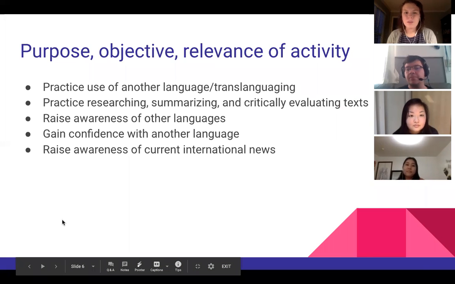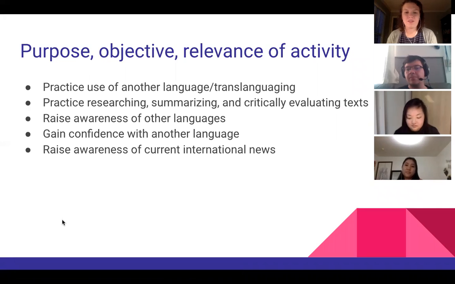Okay, so the purpose of this news art activity with translanguaging is another use of practicing their languages and using translanguaging. They practice researching because they're looking up news articles. They summarize when they share the article with other students.